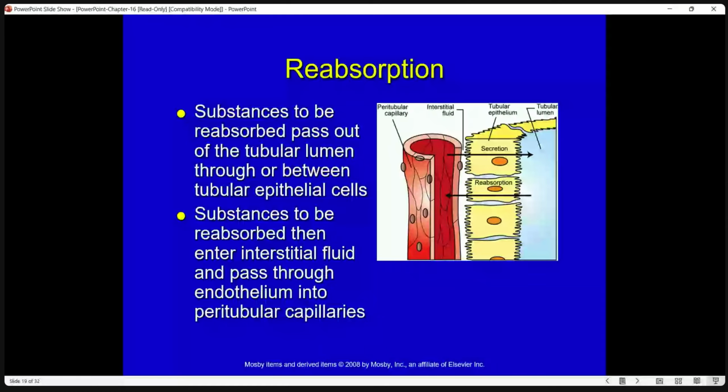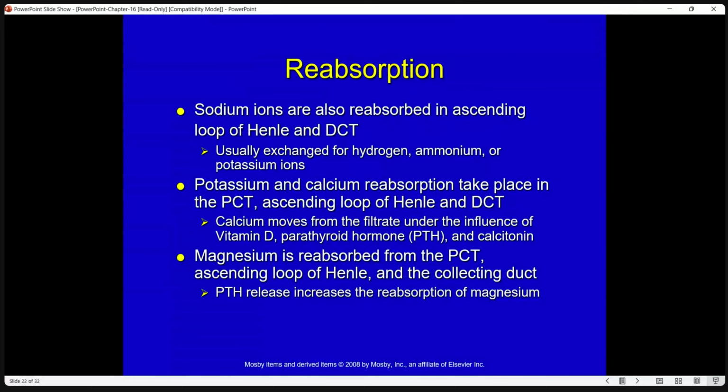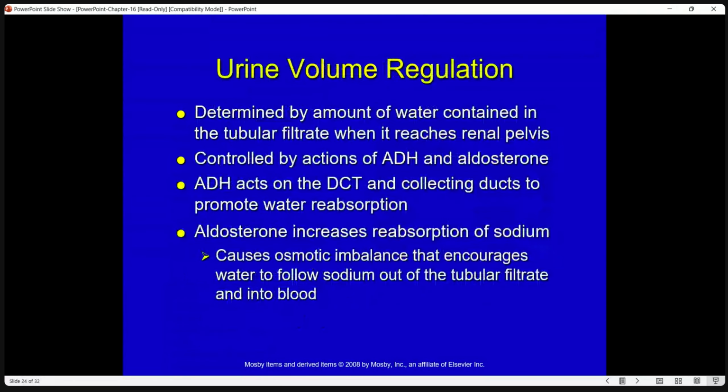We have potassium, magnesium, chloride ions, phosphorus ions, and calcium. So those are what are reabsorbed into the body. I mean, any other thing can be reabsorbed depending on the amount the body is actually experiencing. And that is sodium reabsorption. I won't talk about sodium in detail.